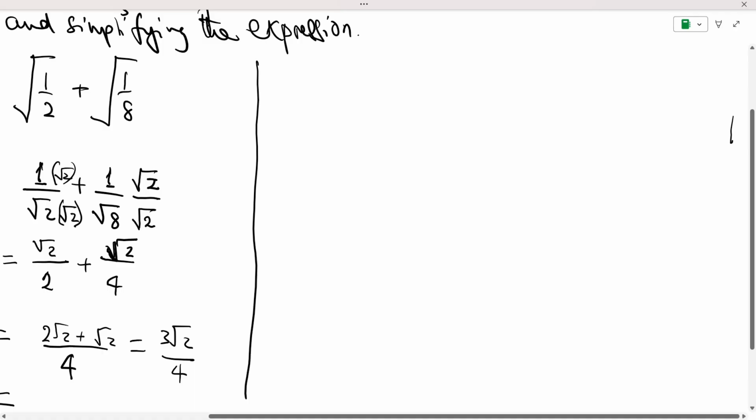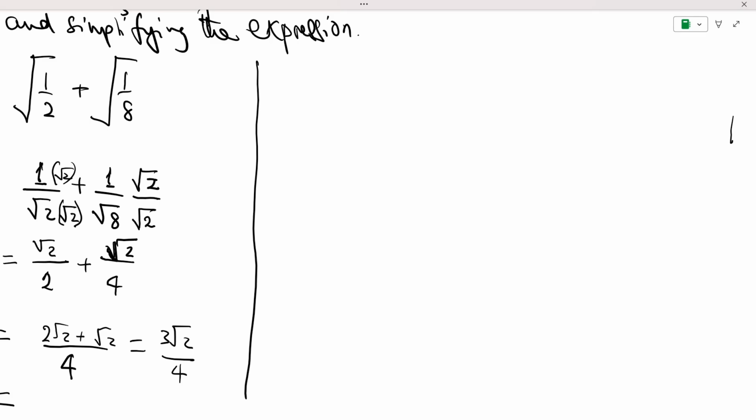Okay. Now let's try out another example. This time with a subtraction. Let's suppose we are given a number like root 1 over 3, and we are told minus root 1 over 27.